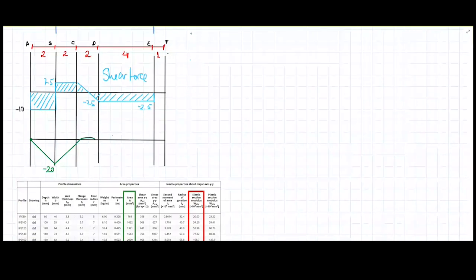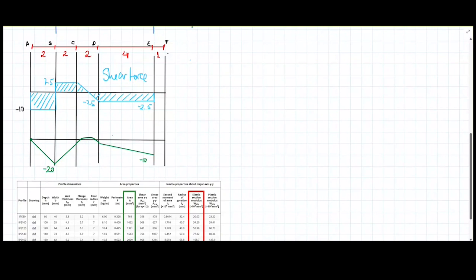Great. Very close to 0 here. And then you have this other area, which is going to increase by 2.5 times the force, that's 10. And that's going to bring me the moment from this point to this point, which I'm going to call minus 10.